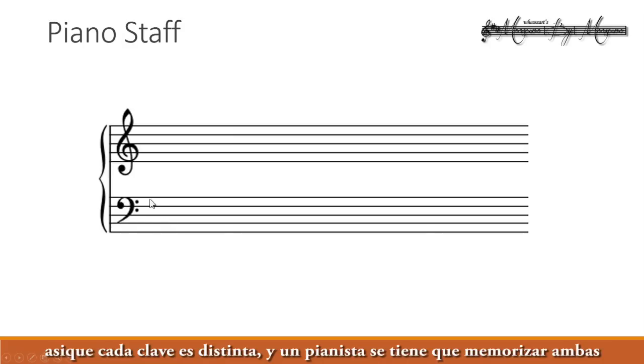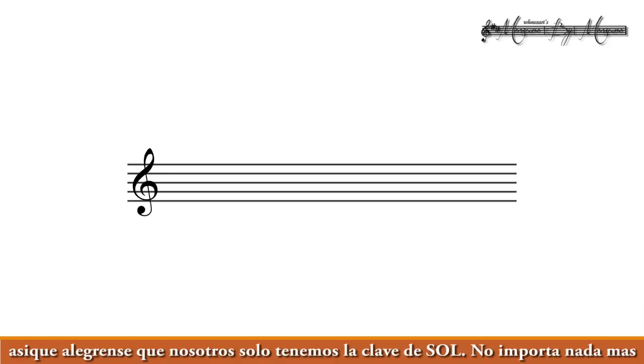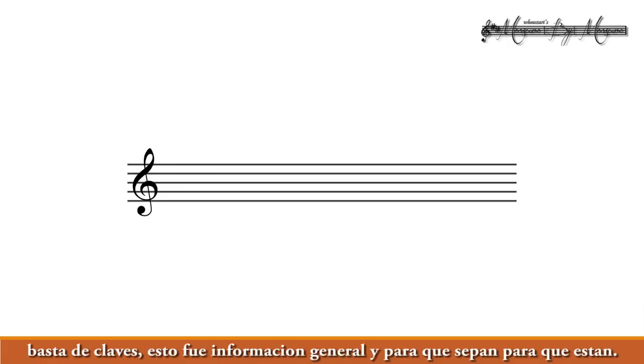So each clef is different, and a piano player has to memorize both clefs and be completely comfortable reading them. So just be glad that we are sticking to the G no matter what. That's enough about clefs. It's just background information and for you to know why it's there.